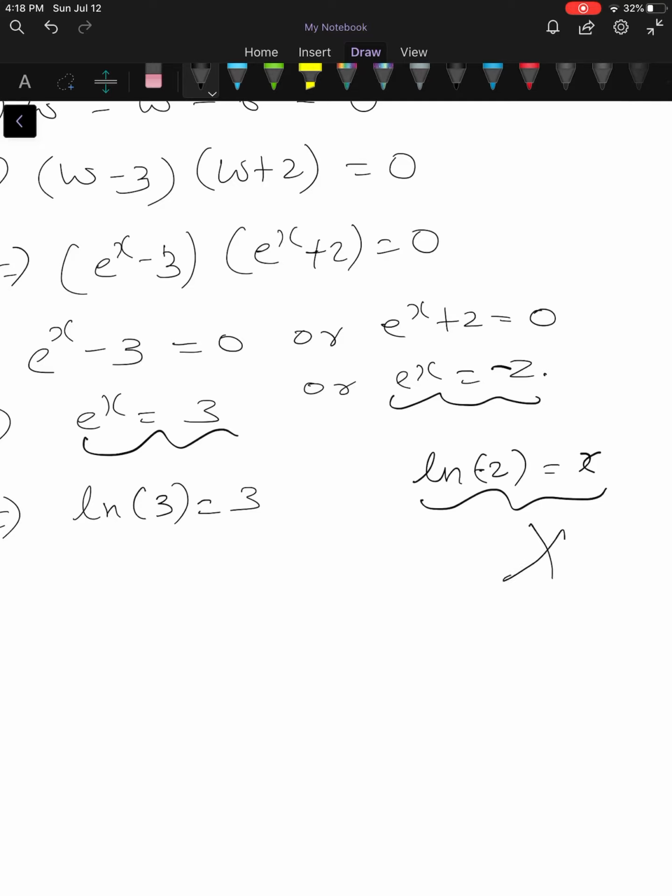Sorry, I'm sorry, it's negative 2. But you do not have the natural log or logarithmic functions defined for a negative number. So this solution is totally ruled out. So we just consider one solution, that is ln of 3 is equal to x. This is the solution of the equation.